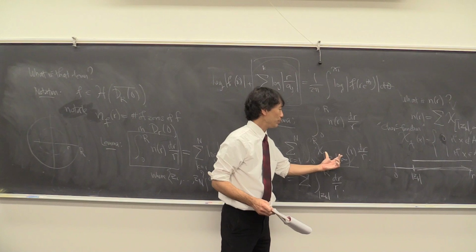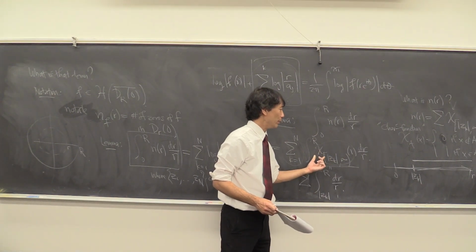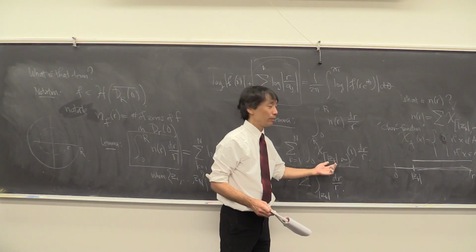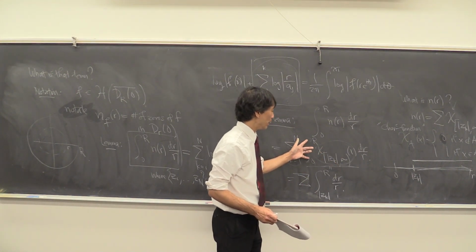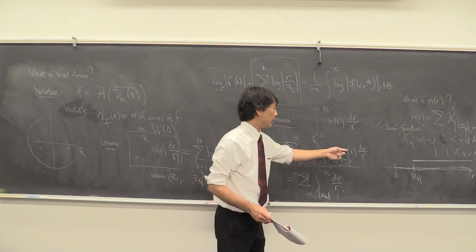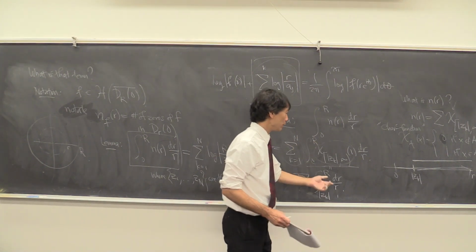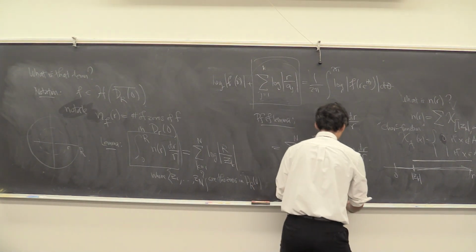Because this thing is going to be 0 before the size of zk, and it's 1 afterwards. So what does it do to the integrand? It says we're only going to integrate from zk up to r. So you get the integral from zk up to r of this thing.